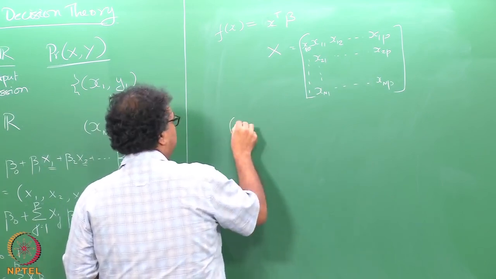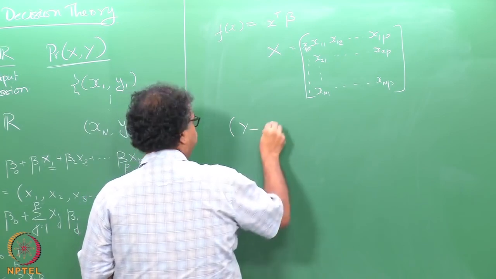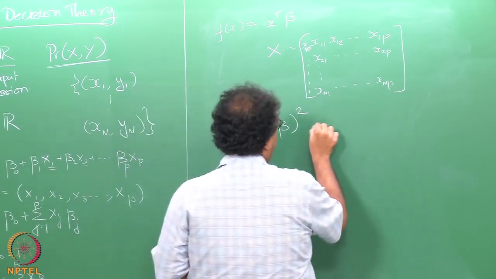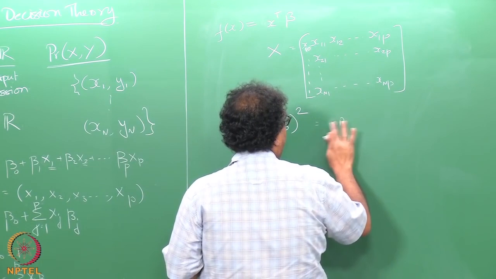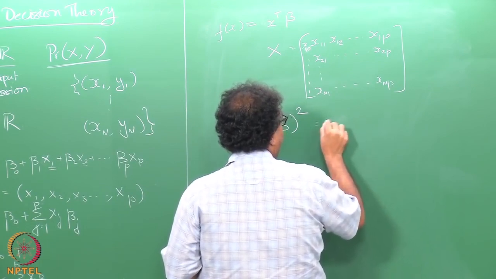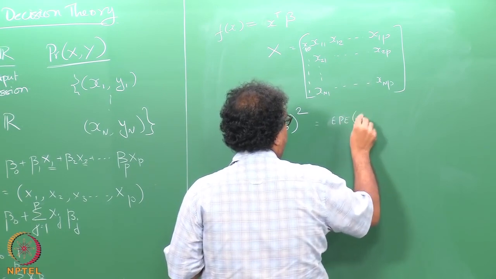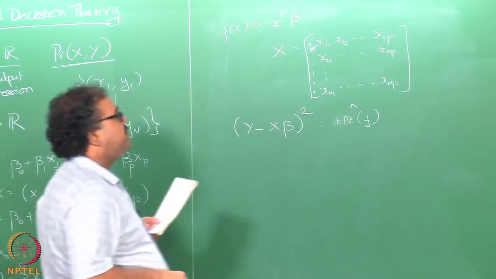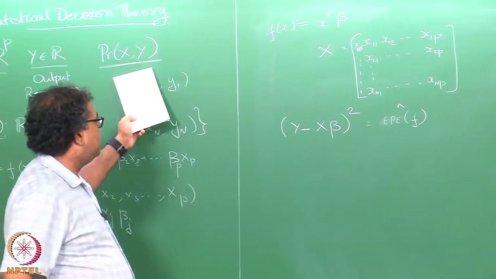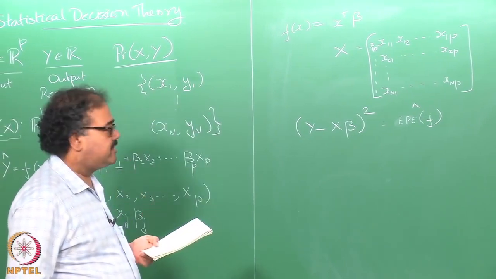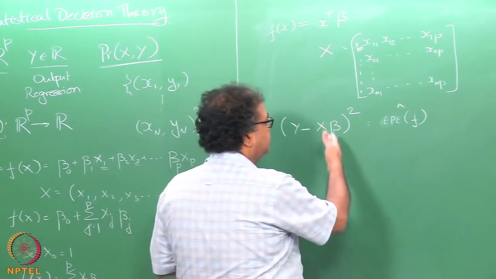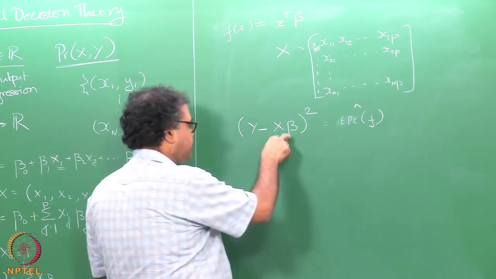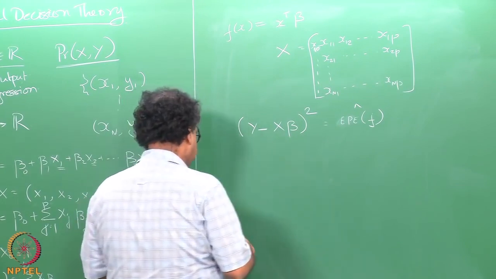So, my overall error is going to be y minus X beta, squared, and that is going to be the estimate of the expected prediction error based on the training data that has been given to me, and I can minimize this. I can take the derivative, equate it to 0, and do some minimization to get the value of beta.